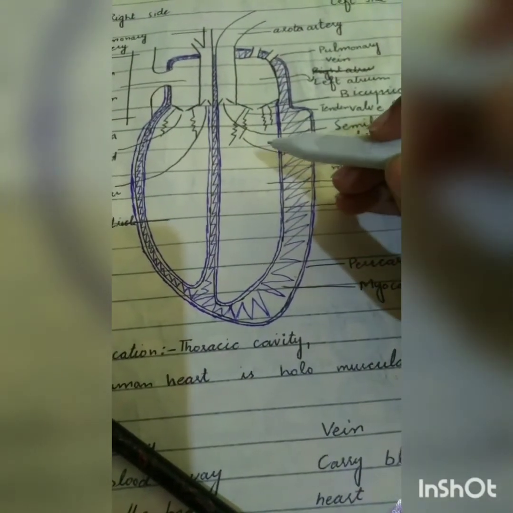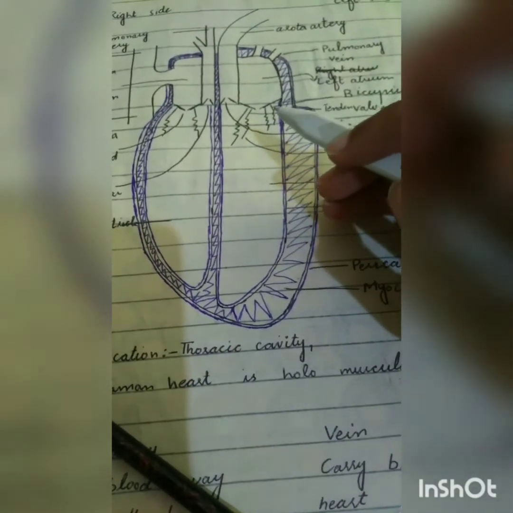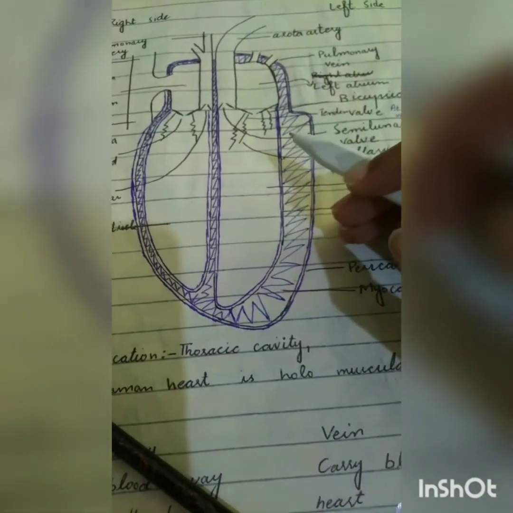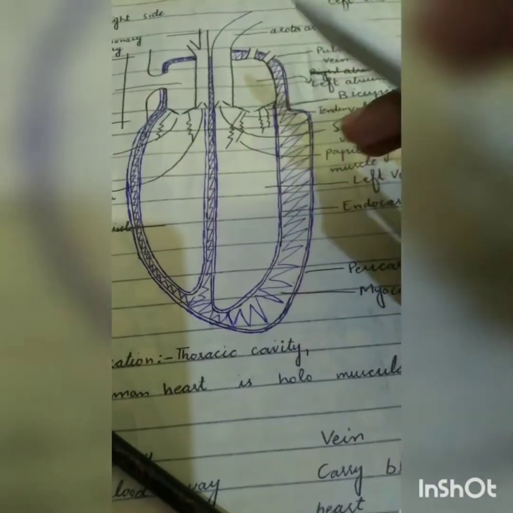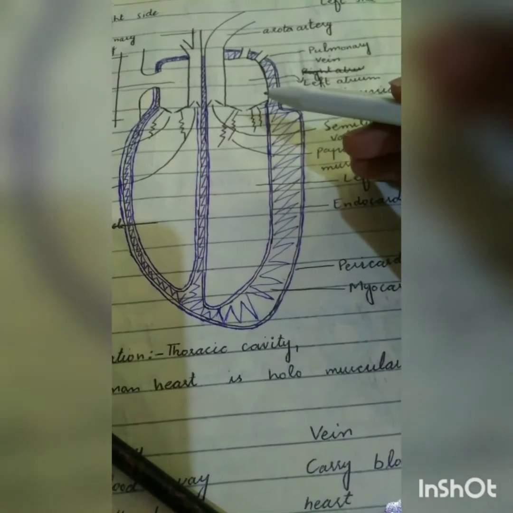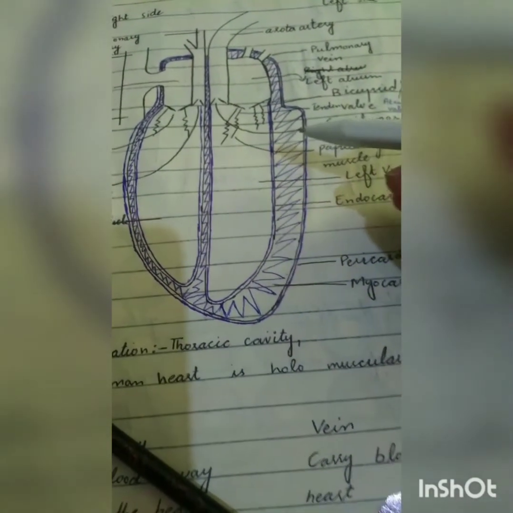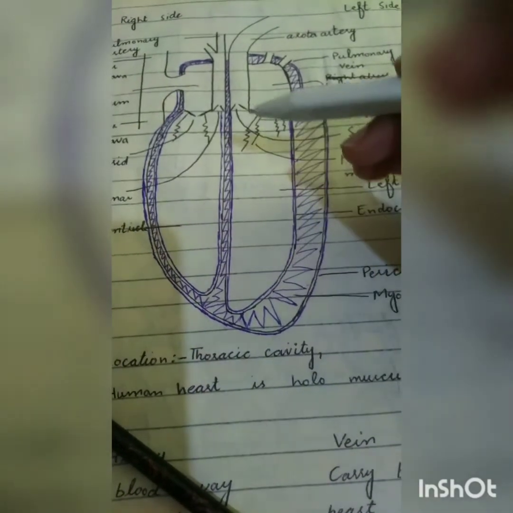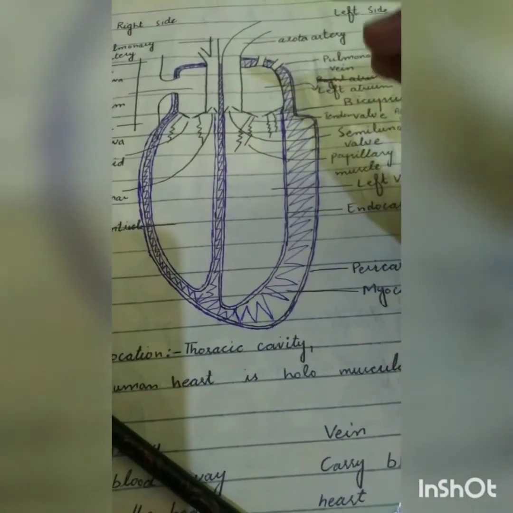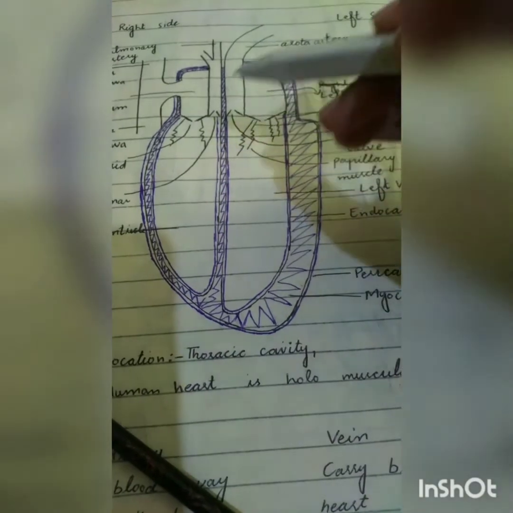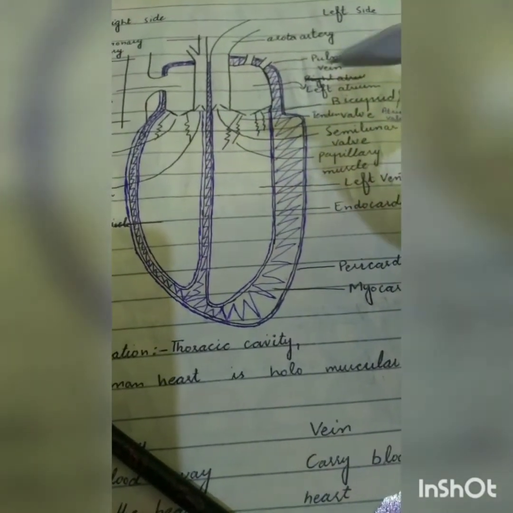In order to supply oxygenated blood to all parts of the body, the left side of the heart needs higher power and higher strength to pump blood towards the whole body.